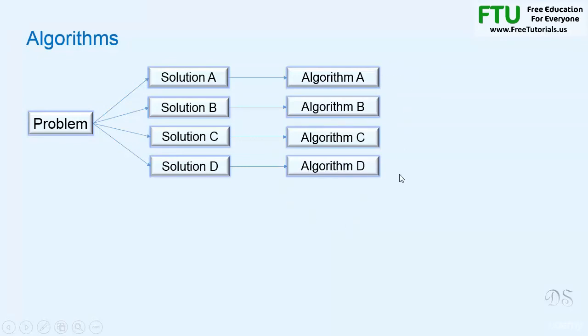Now when we have more than one algorithm to choose from, we would obviously like to use the most efficient one or the algorithm that is best suited for our requirements. To decide which algorithm is best for us, we should be able to compare the algorithms and identify the most efficient one.